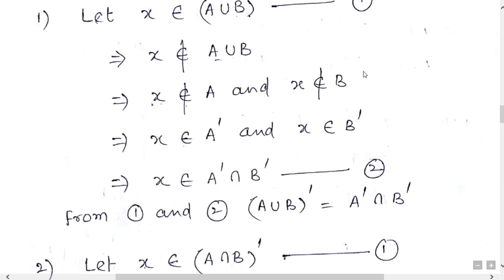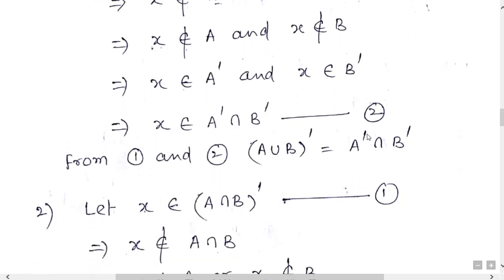Similar is the case here: either the element belongs to B or B complement. If it doesn't belong to B, it must exist in B complement. Now the symbol 'and' is there, so I can write intersection: X belongs to A complement intersection B complement.